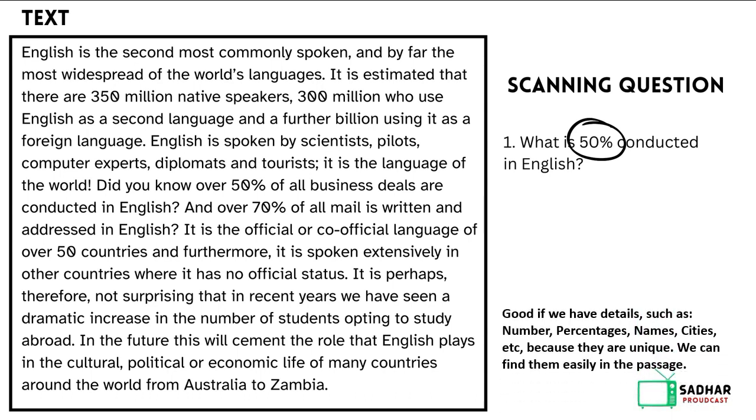Good, we have details such as numbers, percentages, names, cities, etc. Because they are unique, we can find them easily in the passage. In this case, wow, there is 50% over there in the passage, and then we can read the sentence: 50% of all business deals are conducted in English. And that's it. That's the answer. The answer is business deals.